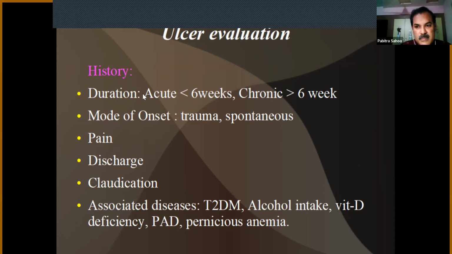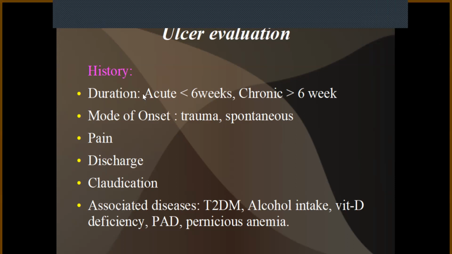Okay. So, sir, during history taking, we should ask about the duration of ulcer, which may vary according to the location. There is a lot of confusion in defining whether it is acute or chronic, but actually different ulcers have their own definition for acute or chronic.